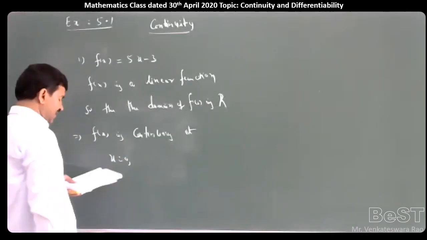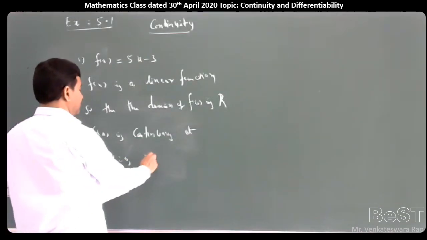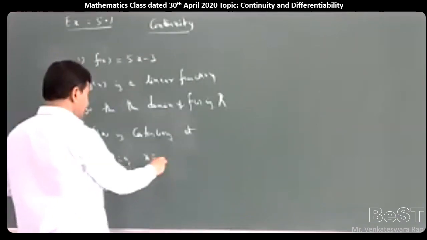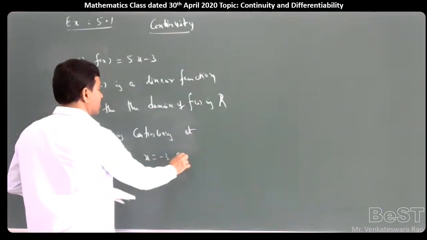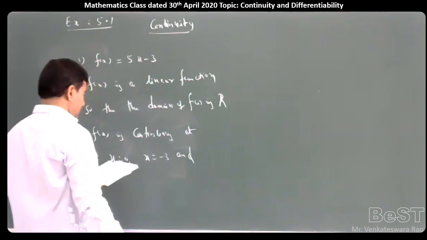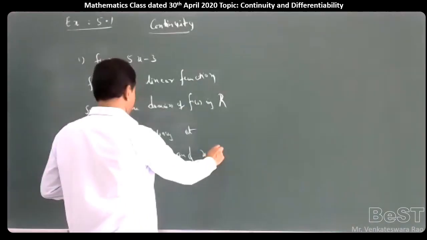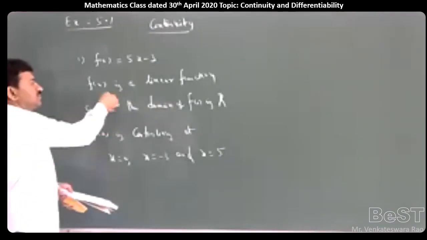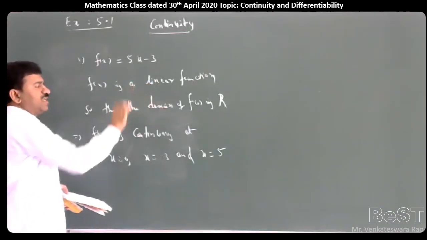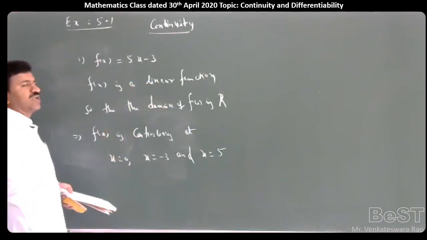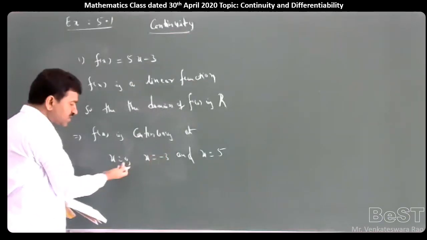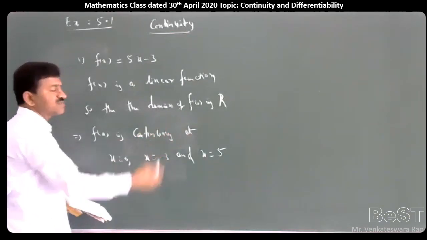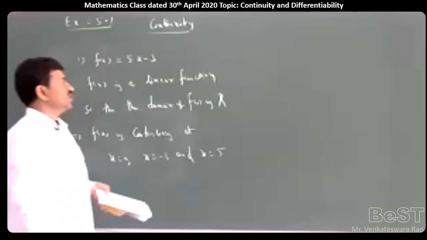You can write directly at x is equal to 0, at x is equal to minus 3, and x is equal to 5. That is the answer. This is the reason: it is a linear function, its domain is R, so it is continuous on R. So in the real number system, we have 0, minus 3, and x is equal to 5. That's all. Simple problem.